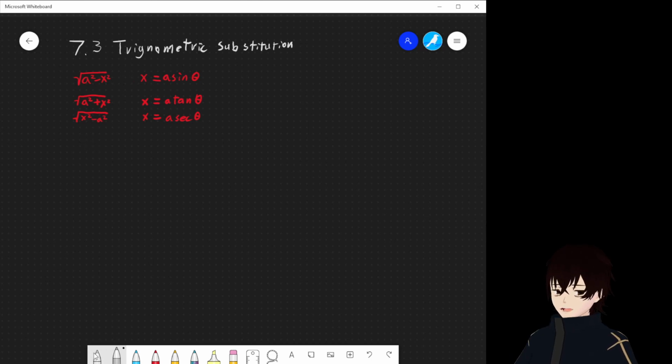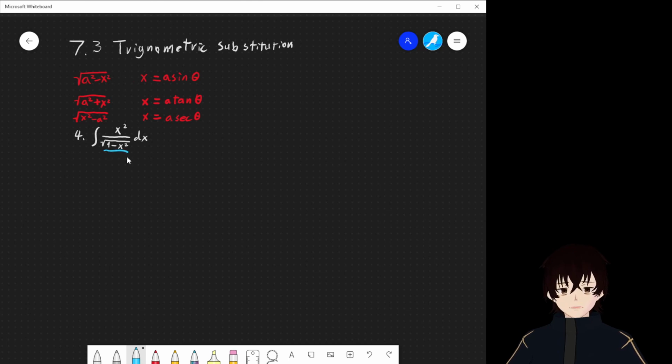The first question under trig substitution is going to be your number 4, which wants to get the indefinite integral of x squared over the square root of 9 minus x squared dx.